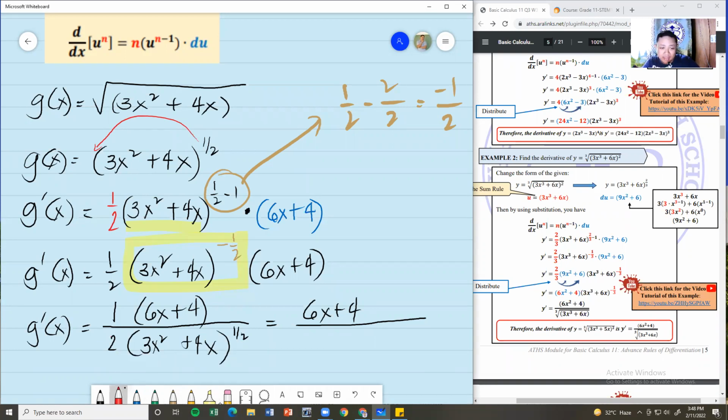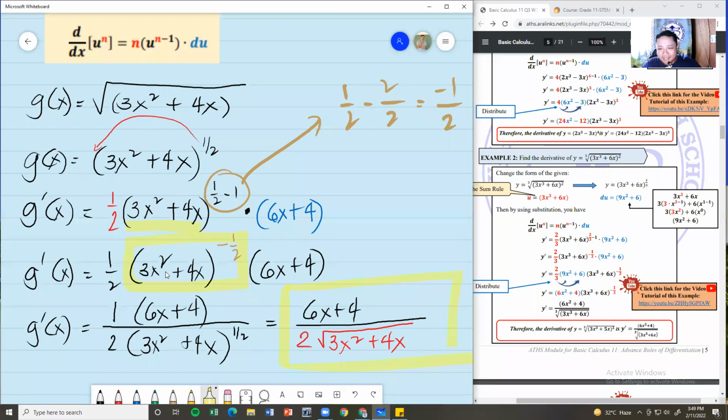Please take note of that. Therefore, it will just remain as 2. Change this now to a radical form, 1/2. So that's square root to square root of 3x squared plus 4x. And this is now the derivative of our given.